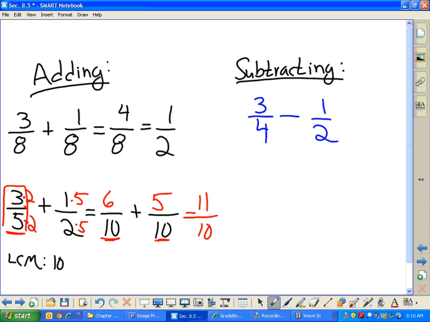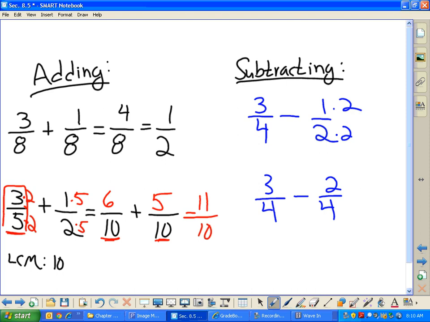Okay. So here, step 1, again, I can't subtract these fractions right now because they don't have the same denominator. So the LCD between 4 and 2, you might recall, would be 4. So 3/4 is fine the way it is. However, if I want to get 2 to turn into 4, you'd have to multiply the top and bottom by a factor of 2. So you end up with 2 out of 4.